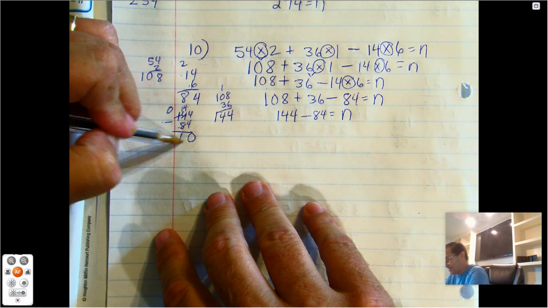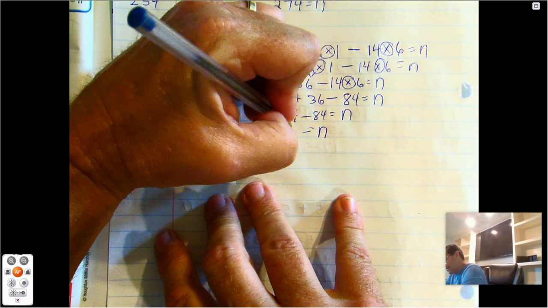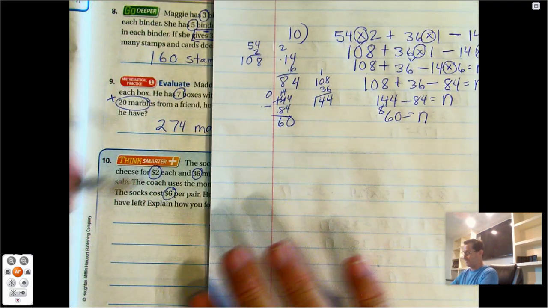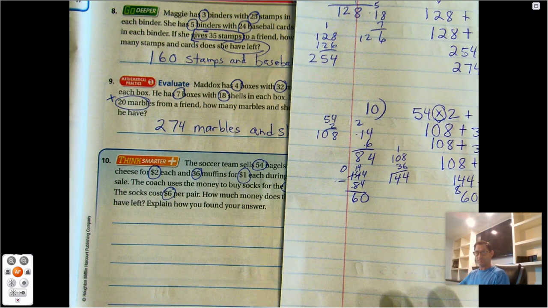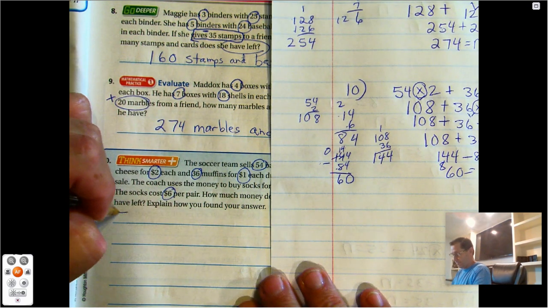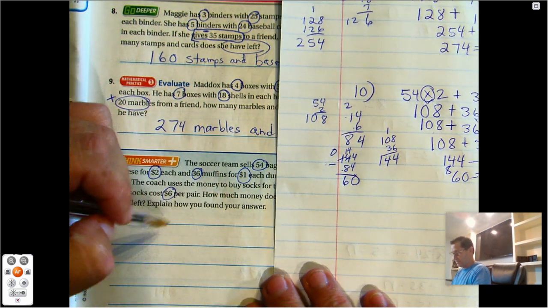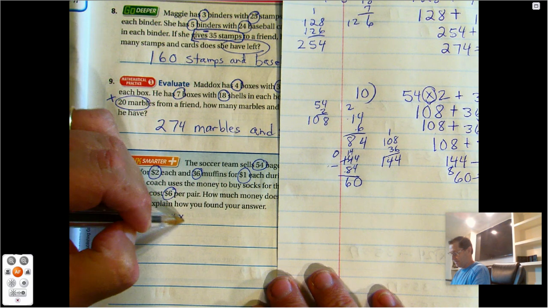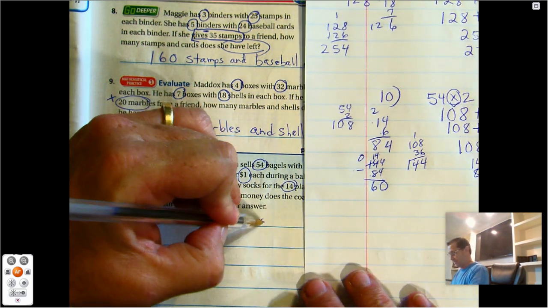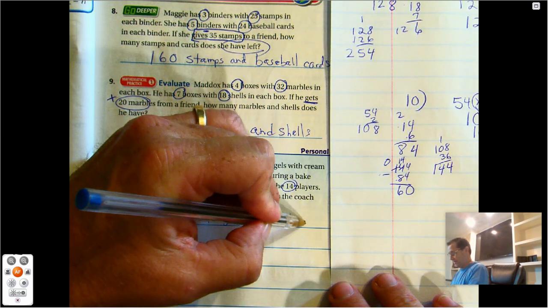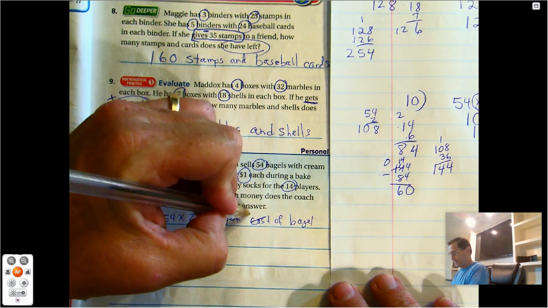So what did we do to get $60? First, 54 times 2 to get the profit of bagels.